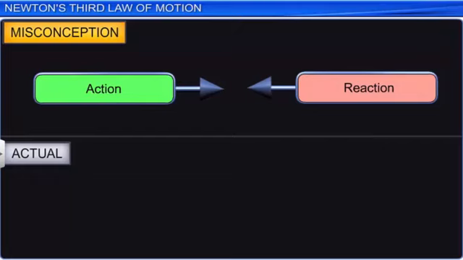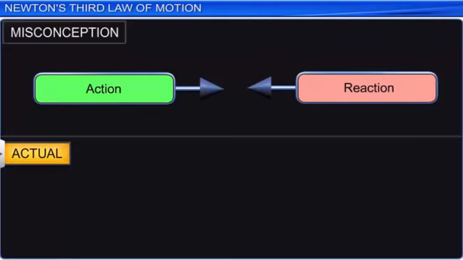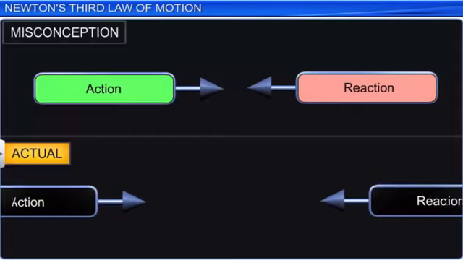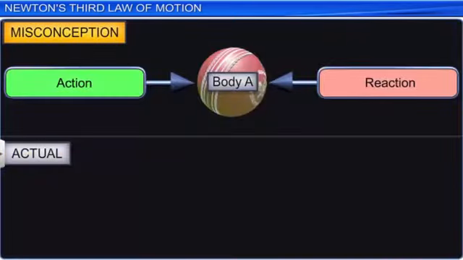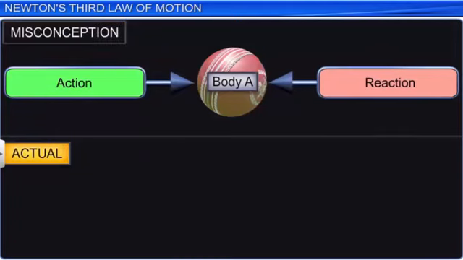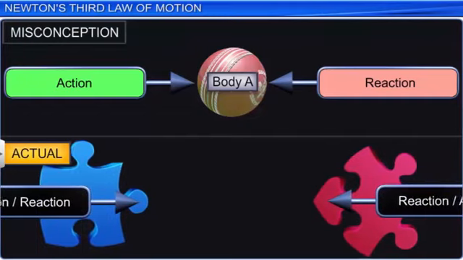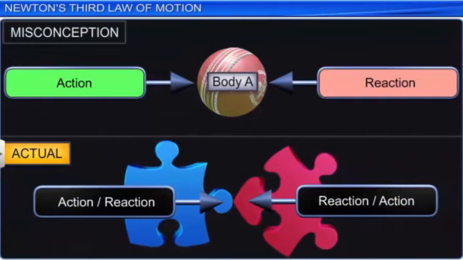That is, action is the cause and reaction is its effect. Actually, action and reaction come into existence at the same instant. Another misconception is that action and reaction occur on the same body. Actually, action and reaction forces act on different bodies.